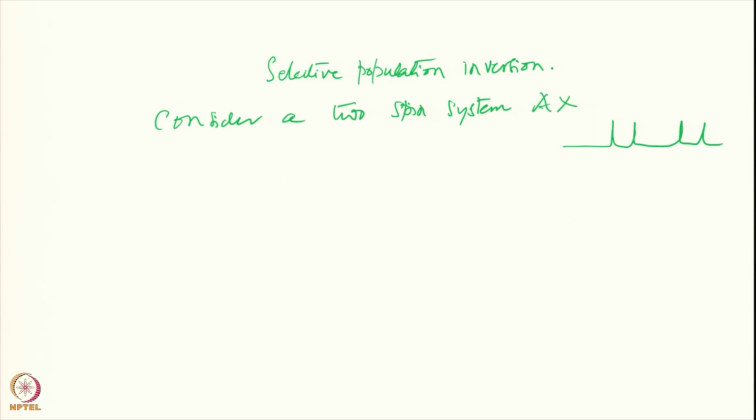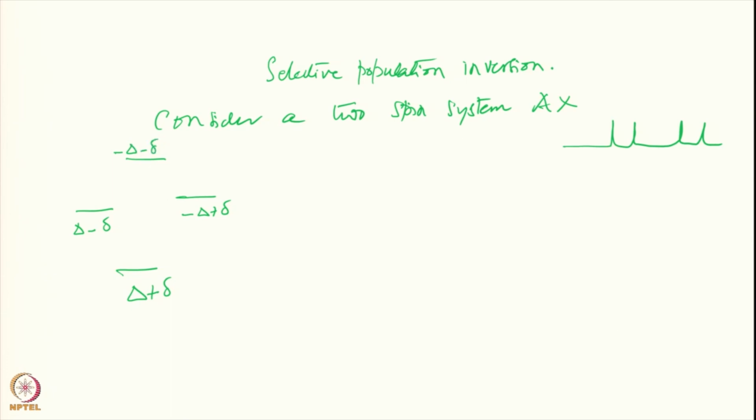Let me draw the energy level diagram for this. I will have 4 states. Let us say the population of this is delta plus delta, population of this is minus delta plus small delta, and this one is delta minus delta, and this one is minus delta minus delta.